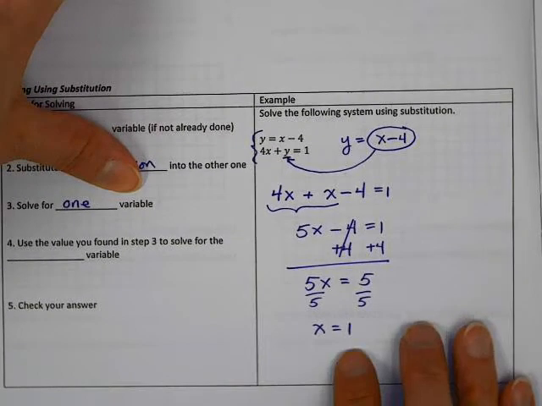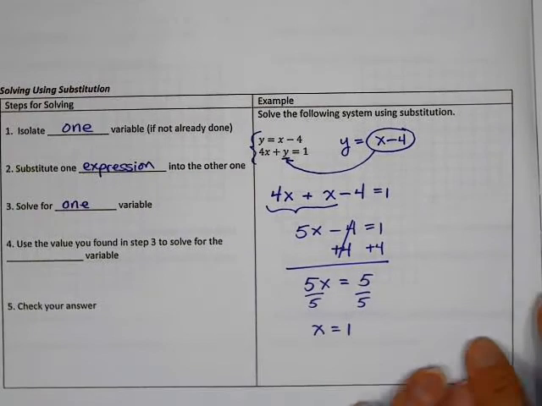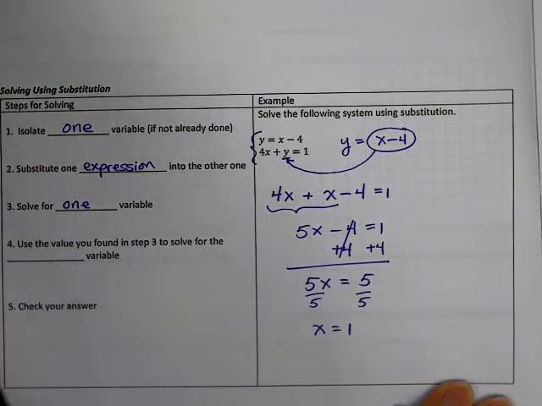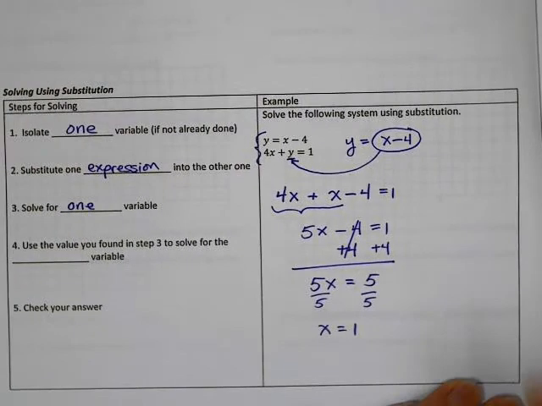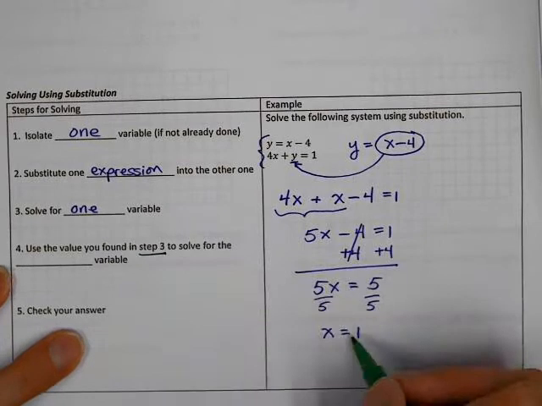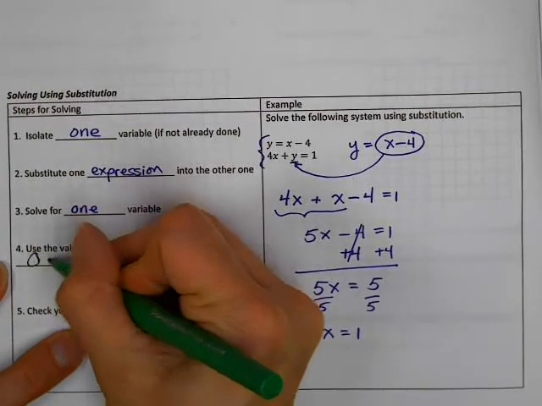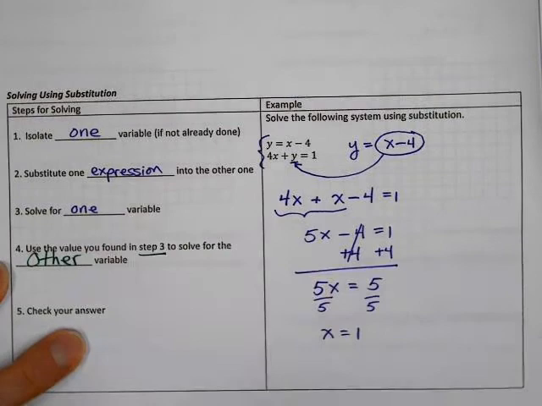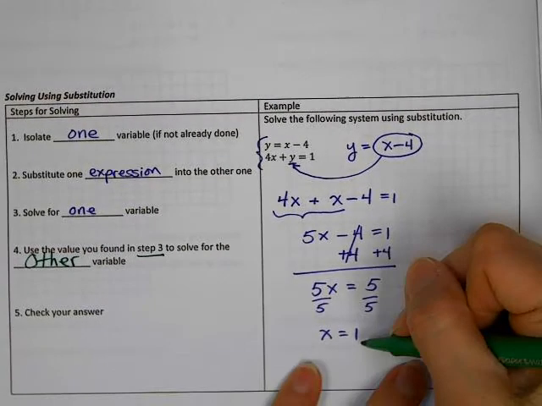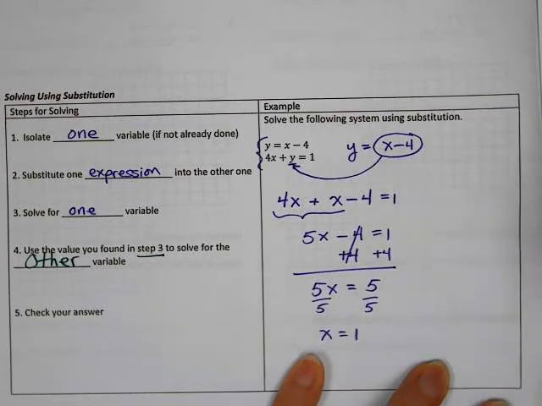So we solved for one variable. Now that's not enough because in this chapter, remember, the solution to a system is two numbers. We have to find an x number and a y number. Step 4: use the value found in step 3. We're going to use this number to solve for the other variable. We have the value for x, we need to find the value for y.